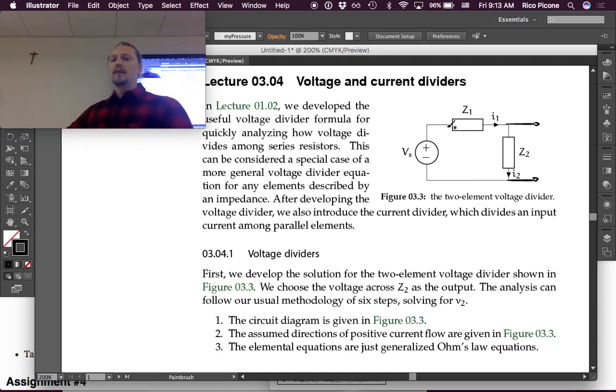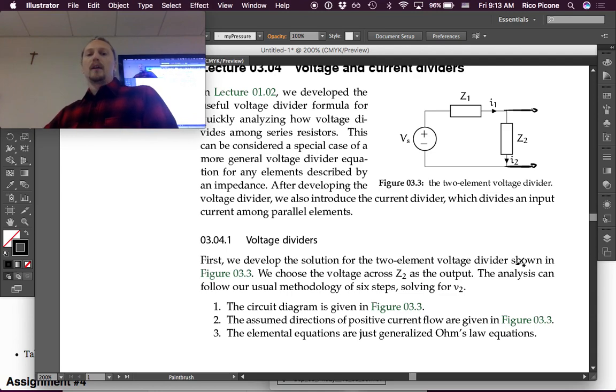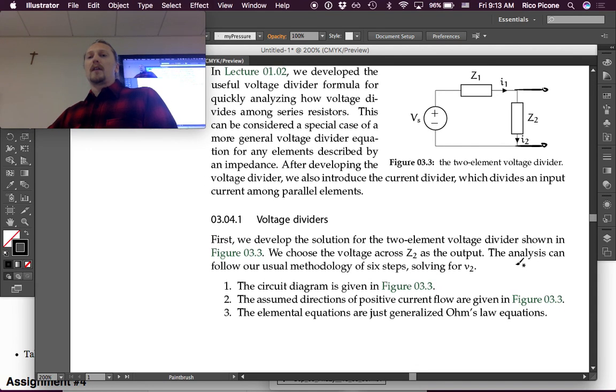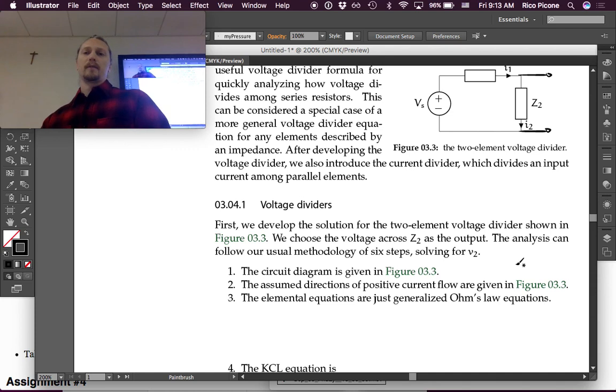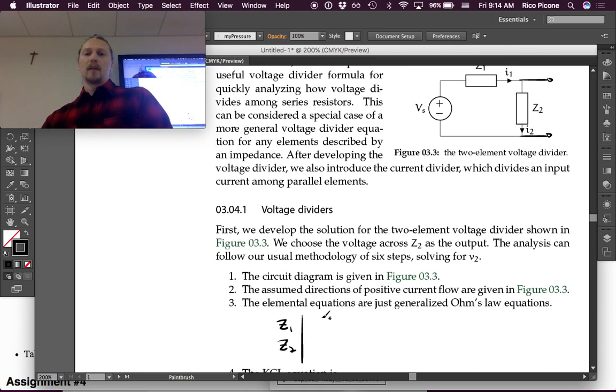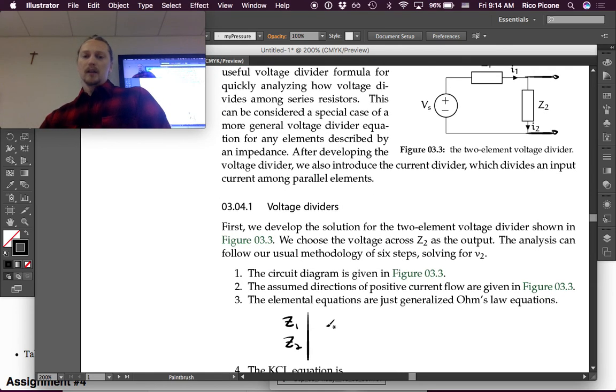So step 1, circuit diagram's already given, so we don't need to draw it. Step 2, the assumed direction of positive current flow, they're already given. So 3, the elemental equations are just generalized Ohm's law equations, right? So we need to write an elemental equation for the Z1 element and for the Z2 element. So what is the elemental equation for Z1? We'll just use subscript 1.